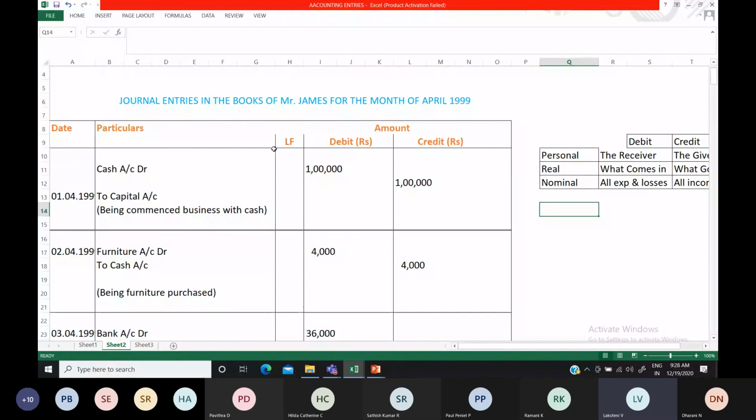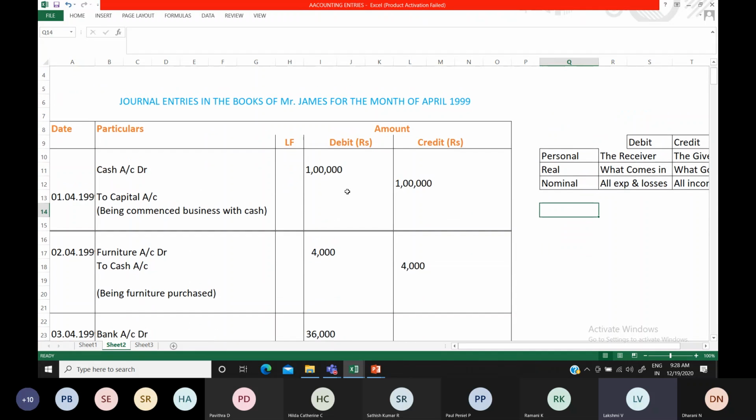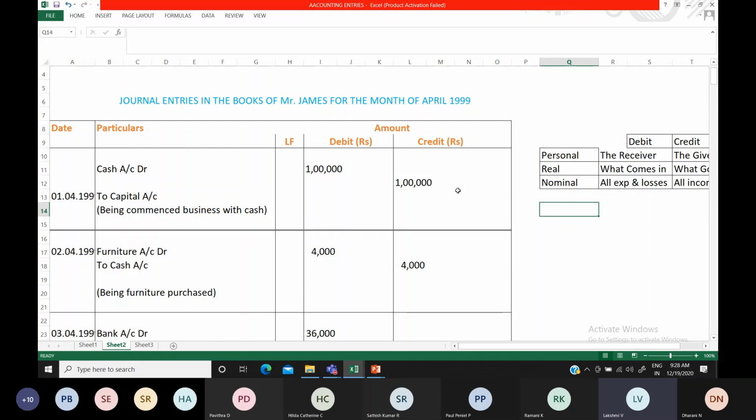So you will be having an LF column which will usually be left blank here. So next will be your amount column, which has got debit and credit columns. So here only you will be writing all your amounts in rupees. Normally if you follow an accounts note, you will be having all these columns. If you just fill it up with that, then it is fine.